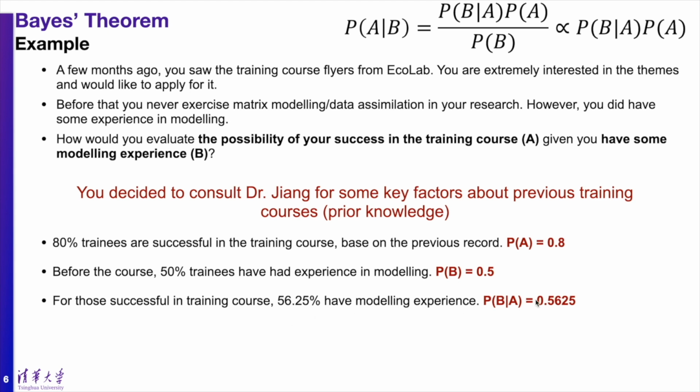This gives the possibility of one's modeling experience, given the trainee had already been successful in the training course. Conceptually, we can express this as the probability of B given A equals 0.5625.